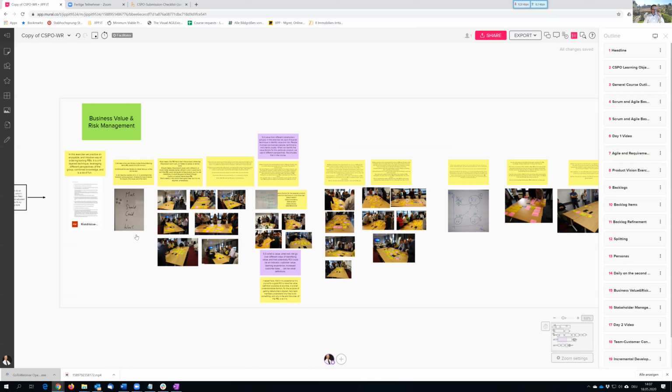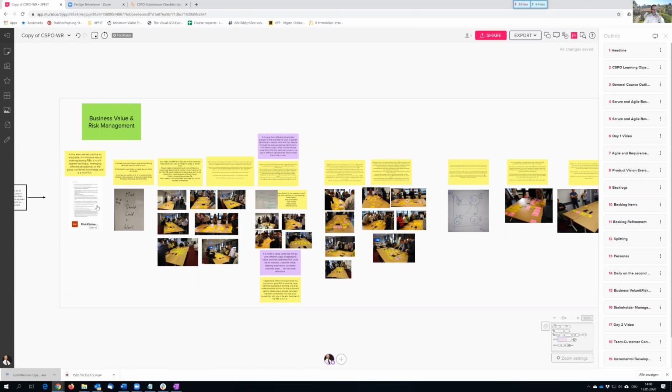And we start first of all, we take the product backlog items we created on the first day, and what the participants then need to do is they need to categorize them into four different layers and four different files or stacks on the table: M, S, C, and W. And this stands for the Moscow principles for must, should, could, and won't, as you can see here on the images or on the board.